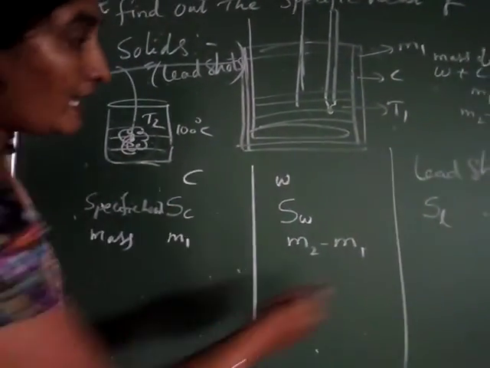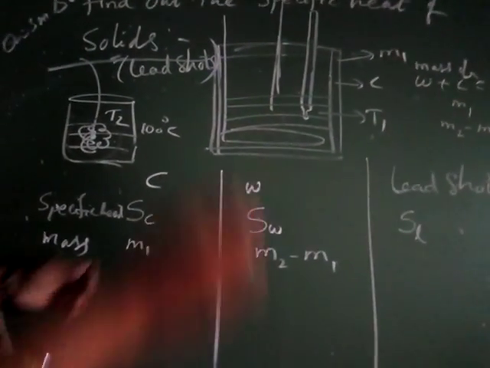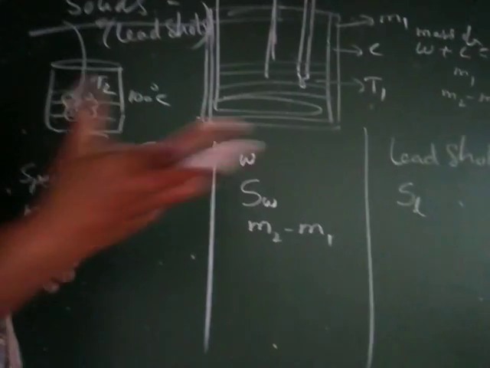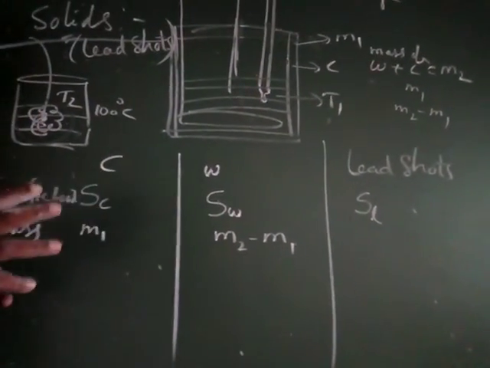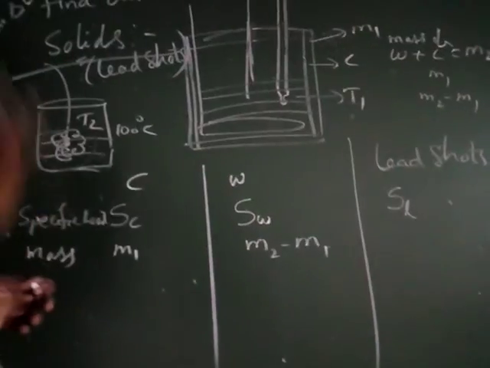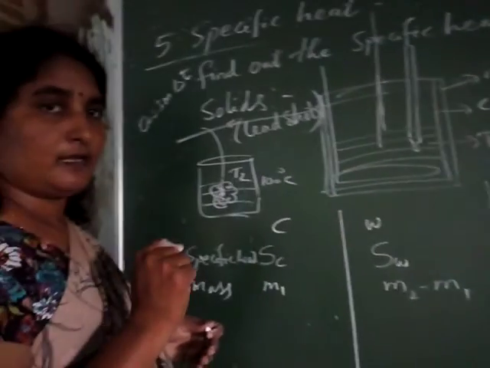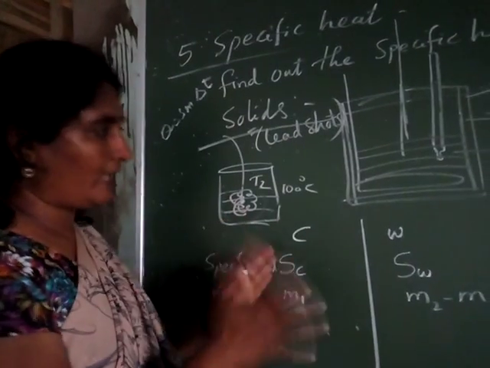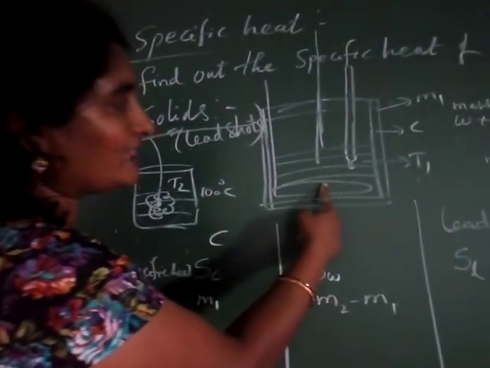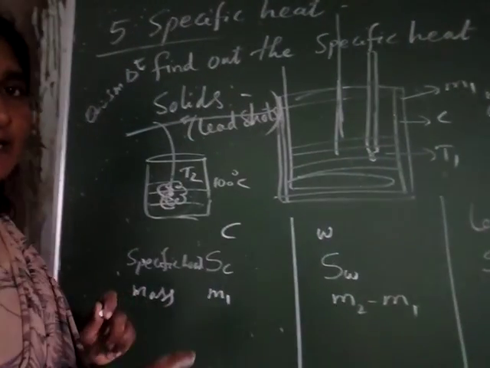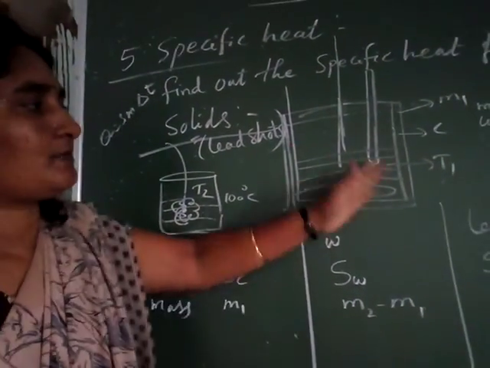Now the lead shots weight you have to find out. Somebody is telling, I will weigh the lead shots and we will get the lead shots weight. You don't think like that. Because for accuracy we have to do this experiment, because specific heat values are very small decimal values. That's why for accuracy we have to do it like this only. You take these lead shots, then insert them in the calorimeter. Then you have to calculate the total weight of the three substances also.